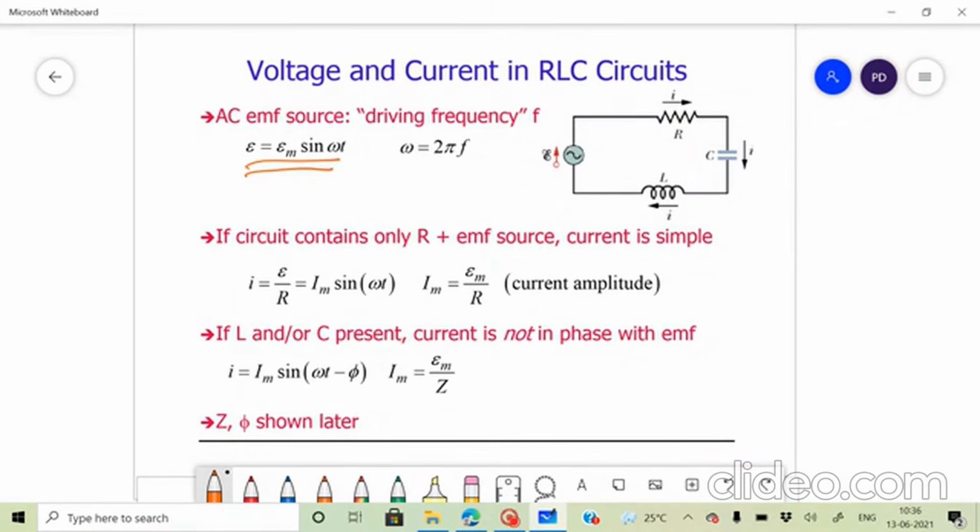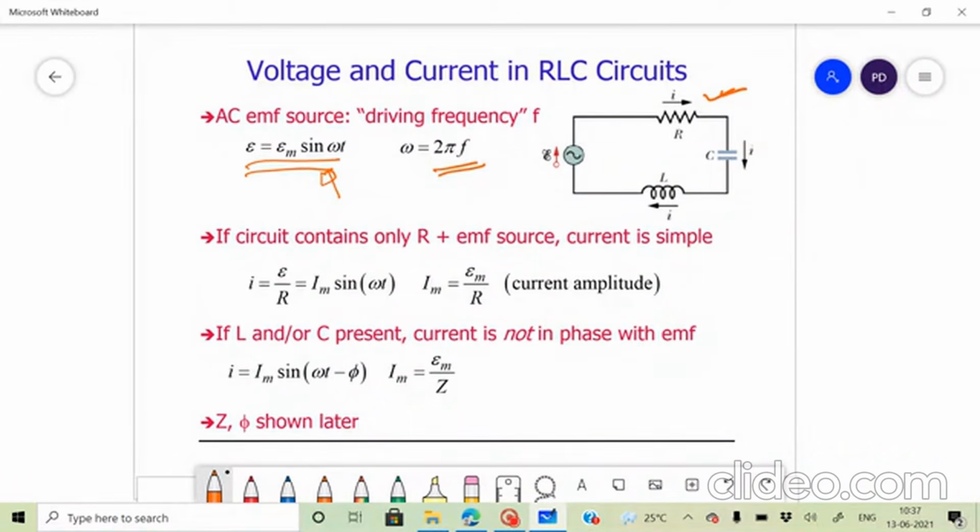Epsilon M, or EM, is the maximum voltage, and we take a sinusoidal voltage source, that is sine of omega t. Omega is equal to 2 pi f. That's the angular frequency. F is the frequency of the AC signal. Basically, you will change the frequency of the AC signal and record the current in the circuit.